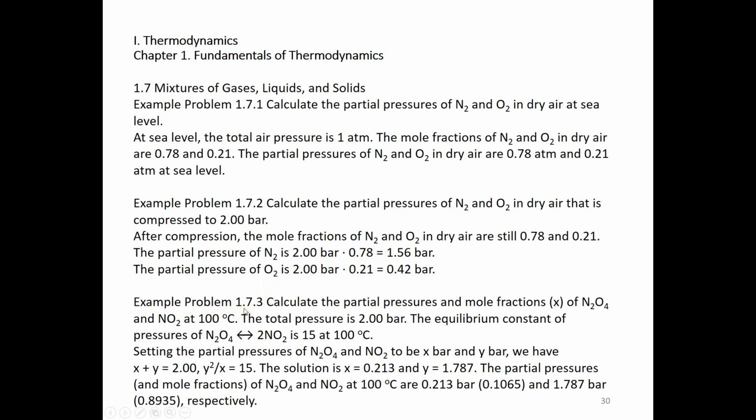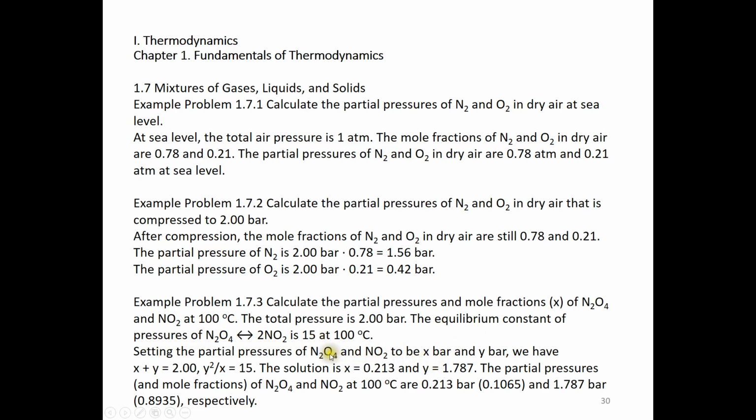Example problem 1.7.3. Calculate the partial pressures and mole fractions of N2O4 and NO2 at 100 degrees Celsius. Let's say the total pressure is 2.00 bars. The equilibrium constant for this reaction is 15. So we'll need to use this information. The equilibrium constant of pressures is 15, and we can set two variables.